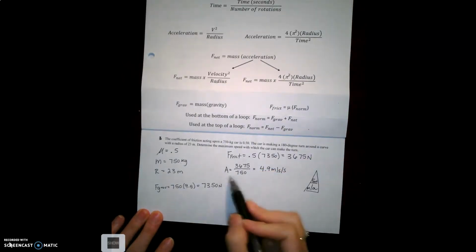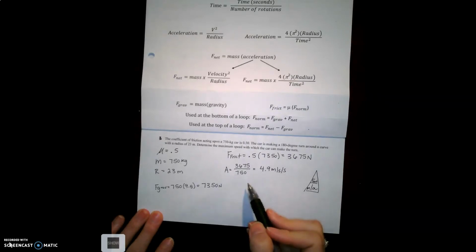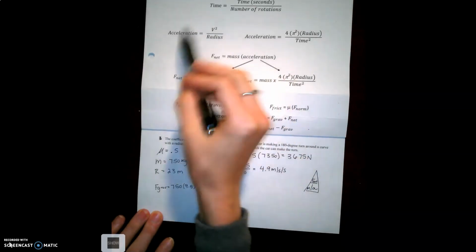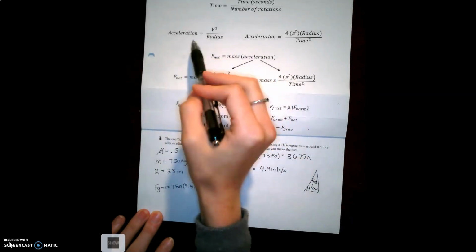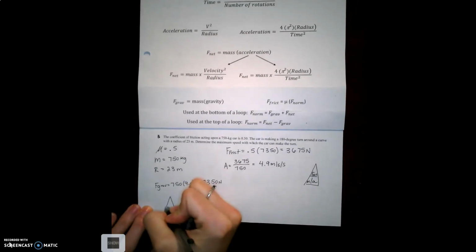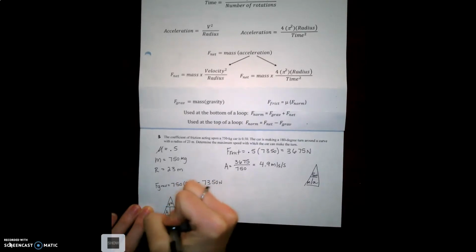And then finally, now that we have the acceleration, we're going to rearrange this formula here to find our velocity. To rearrange that formula, it is v squared, a, and r. So to find our velocity, we cover that up and we know it's going to be acceleration times the radius.